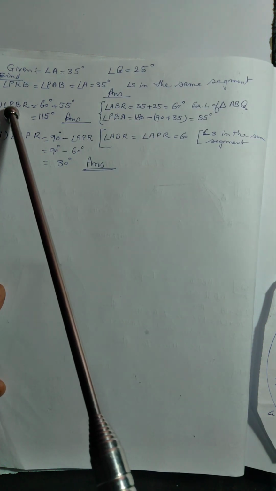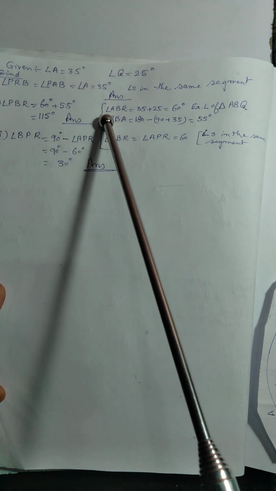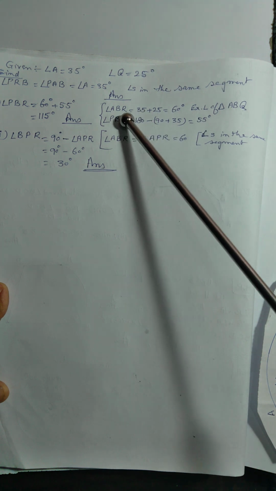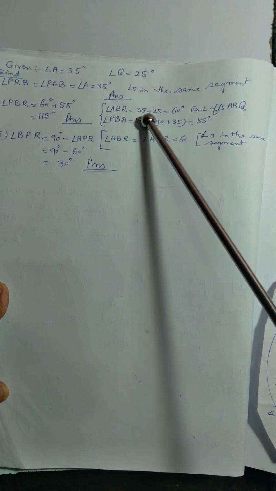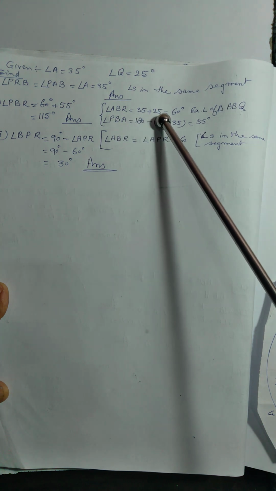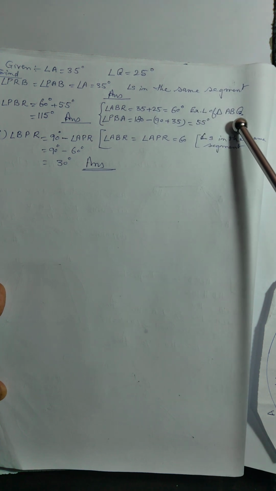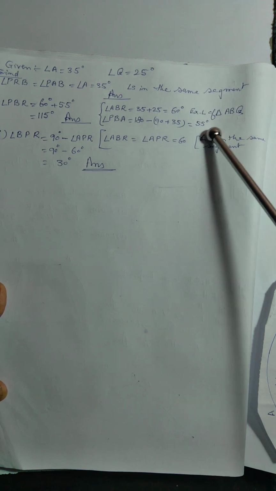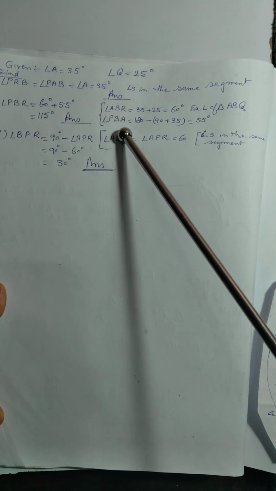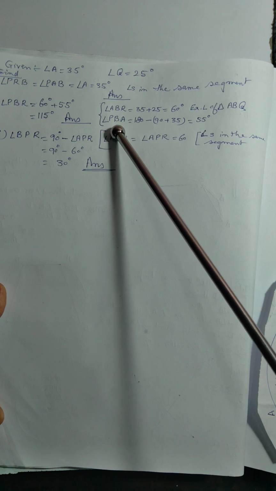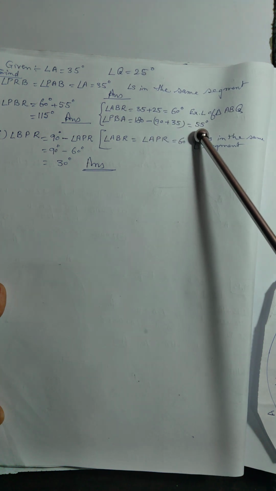Now come to this angle PBR, that is 60 degrees plus 55 degrees. From where are 60 degrees and 55? Look, angle ABR is equal to 35 plus 25, that is 60 degrees, the exterior angle of triangle ABQ. So it will be 115 degrees. And look here, angle PBA is equal to 180 minus 90 plus 35, that is 55.